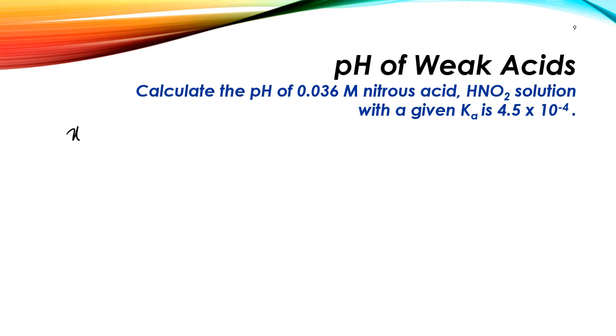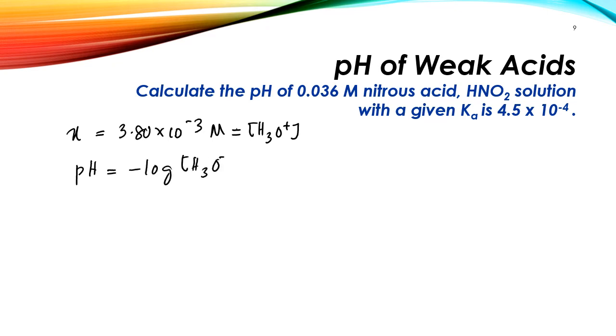Since the value of x obtained is 3.8 exponent negative 3 molar, from the ICE table, x refers to the concentration of H3O plus at equilibrium, which means we have obtained the concentration of the H3O plus. Then we can determine the pH by using the formula negative log of the H3O plus concentration.